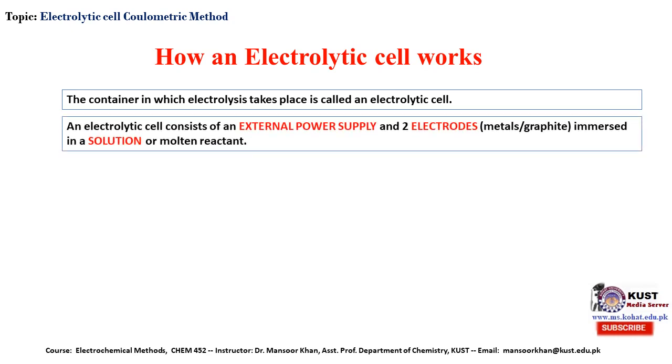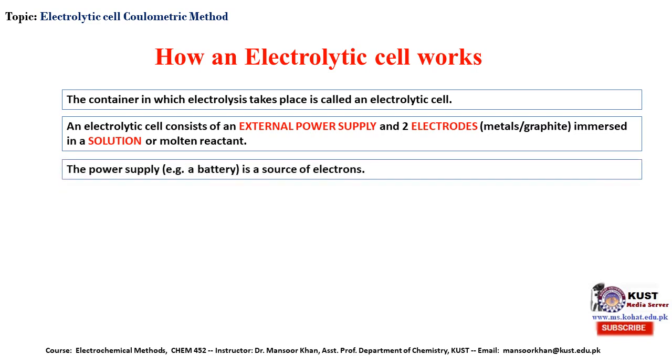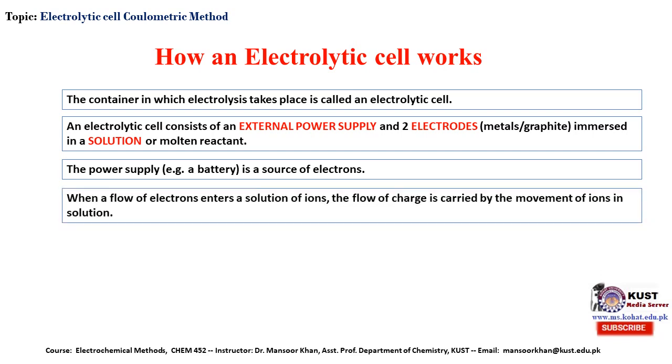An electrolytic cell consists of an external power supply, which provides electricity to generate the chemical reaction, and electrodes, which are made of metals or graphite and are immersed in the solution or molten reactants. The power supply, which is usually a battery, is a source of electrons. It provides electrons to the electrolyte.